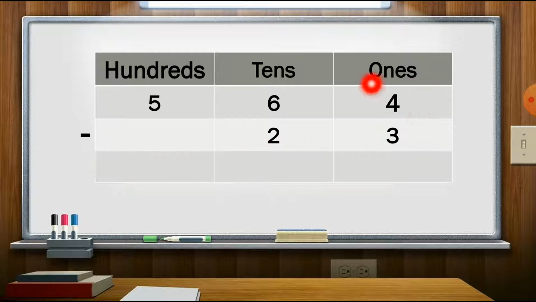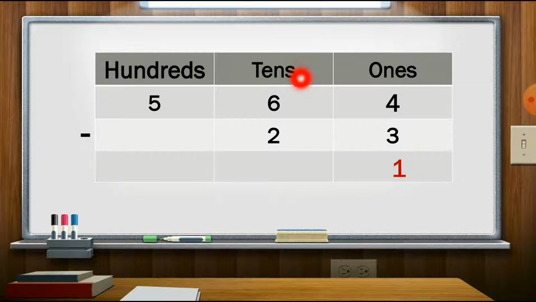At the ones column 3 and at the tens column 2, 23. Now we have to start subtracting with the ones column. 4 minus 3 first at the ones column. So we cut 3 from this 4. So 4 minus 3 is equal to 1. So the ones column's answer is 1.